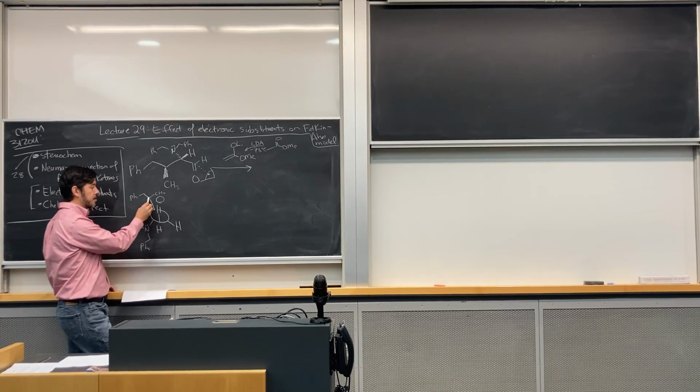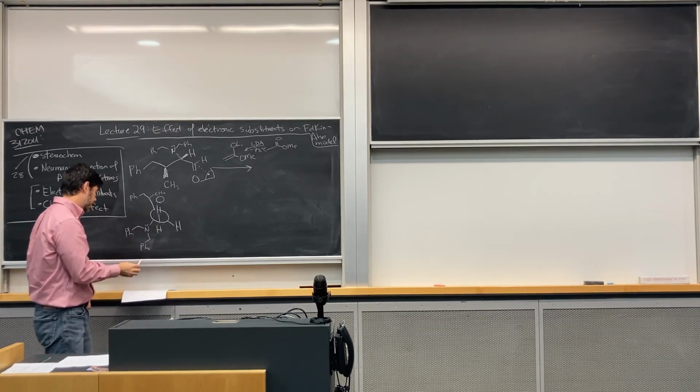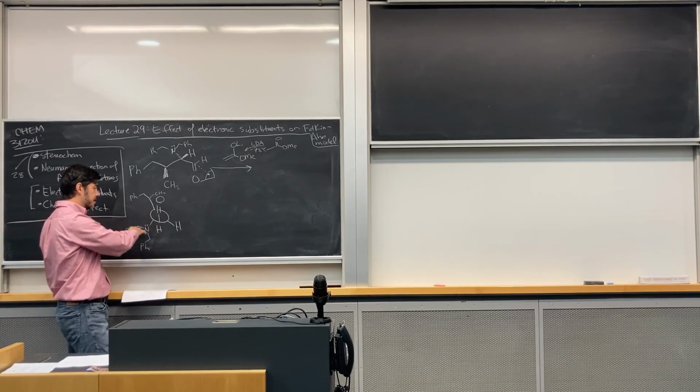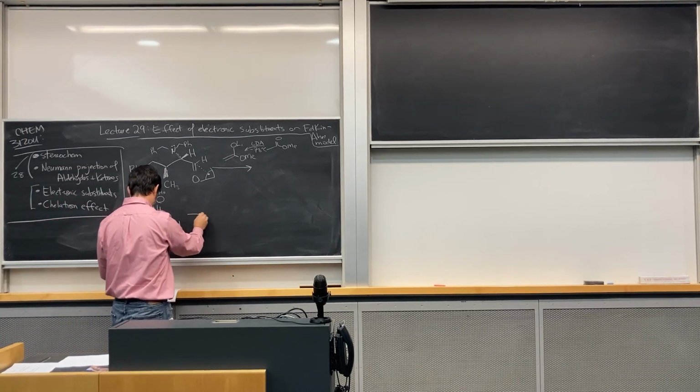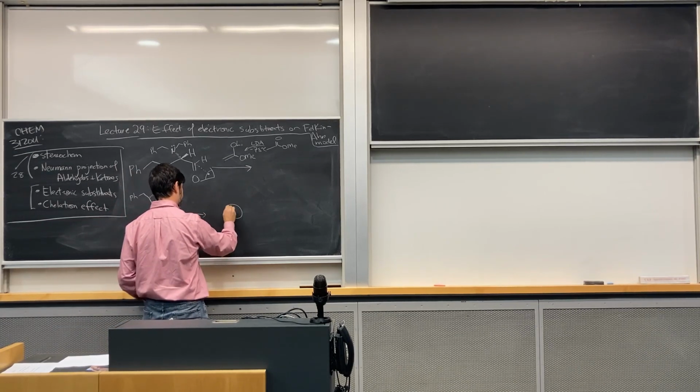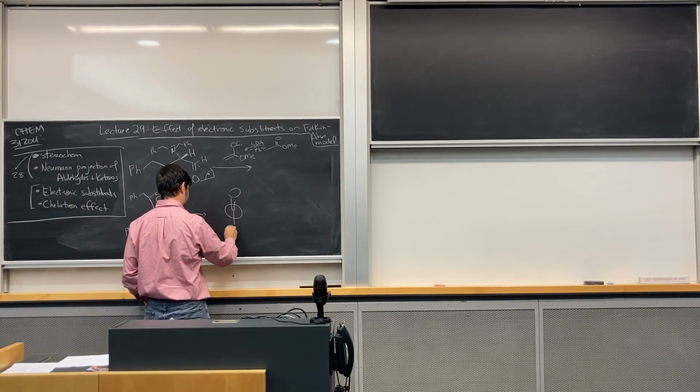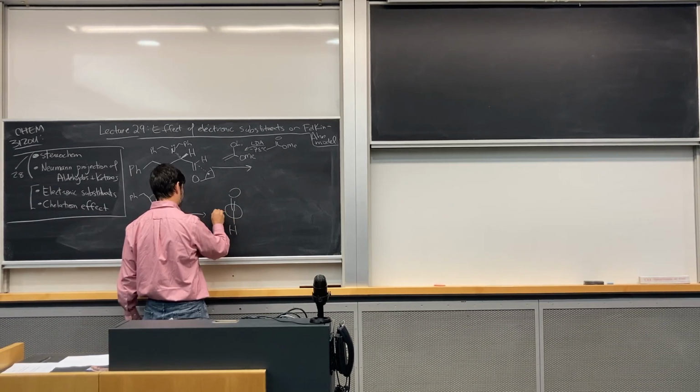Here you have a carbon with a CH3, then a CH2. So it seems like these are fairly similar, but let's definitely put this group as the bigger group. And if we do that, we're going to generate an energy conformer that looks like this.